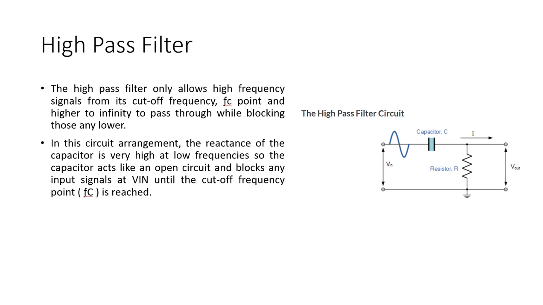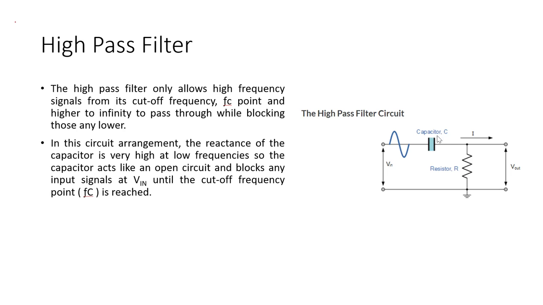The high pass filters. High pass filters allow high frequency and do not allow the low frequency. As the name suggests, this high pass filter will work totally opposite to the one that we discussed. So this is the structure of the high pass filter.